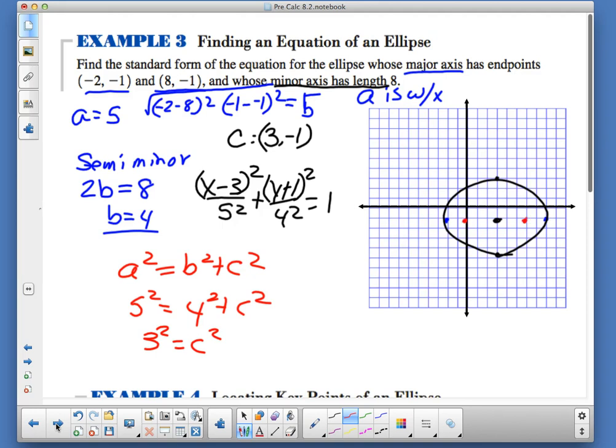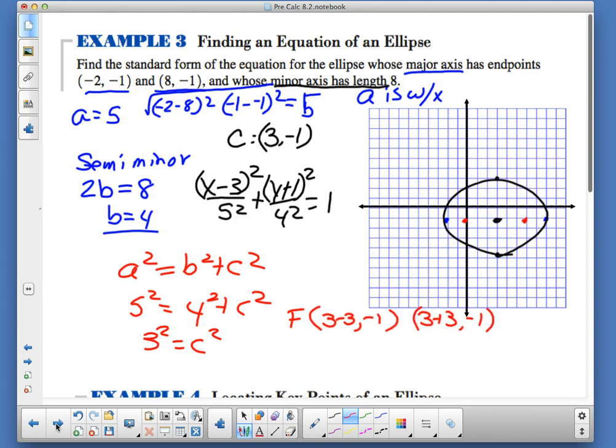So I can talk about my foci location. Remember, a is with x, so the foci is plus or minus with the x side, and it was 3, so I've got my minus 3 and negative 1, and my plus 3 and negative 1.